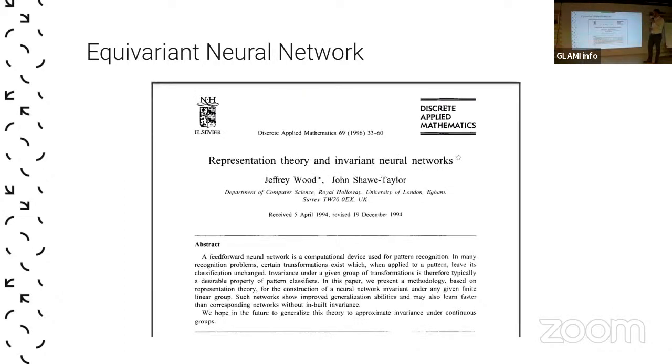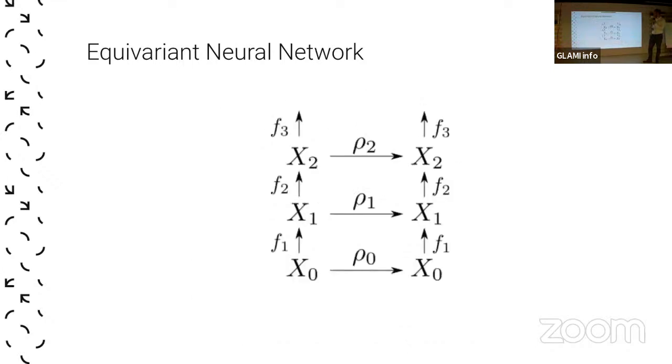I mentioned that quite often the definition is sort of vague, and it's not really clear what is an invariant, what is an equivariant neural network. There's quite a bit of definitions, but I think the most widely used one comes from this paper from 1996, where an equivariant neural network is defined like this.